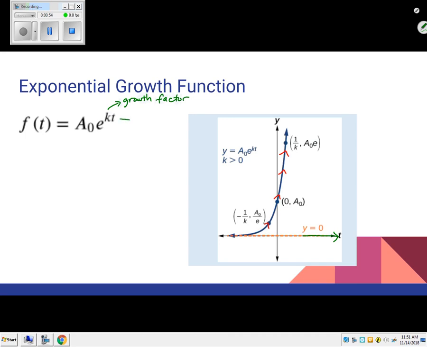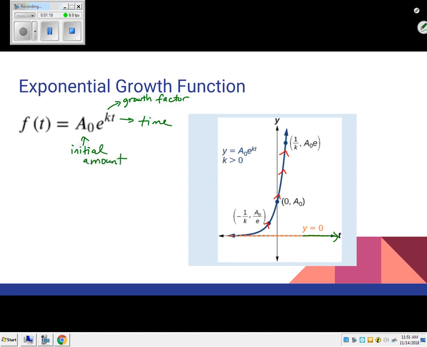T represents time. So time could be in years, it could be in hours, it could be in minutes, it could be any number of things. And this a sub 0 right here is the amount that I have present at time equals 0. Or in other words, it's my initial amount.